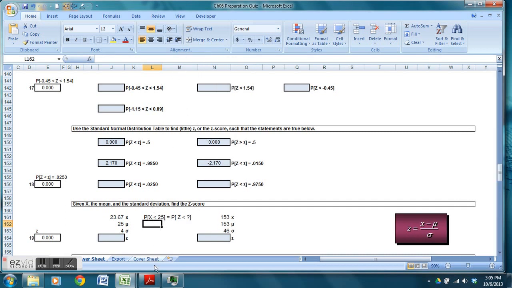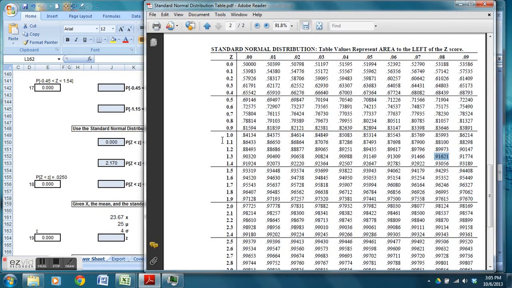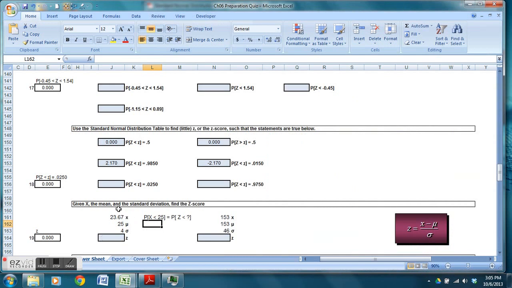The problem is, we calculate these standard normal probabilities because we have a standard normal table. We don't have a table that has a mean of 25 and a variance of 4 for that kind of normal variable.